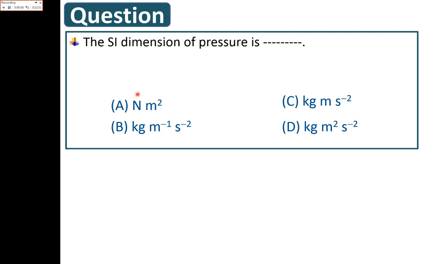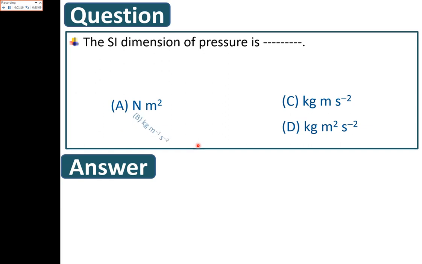But if you split the Newton, the force, into mass times acceleration, you will find that the proper unit of the pressure is number B, kilogram meter minus 1 second minus 2.